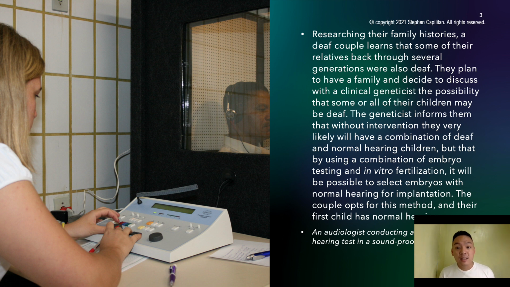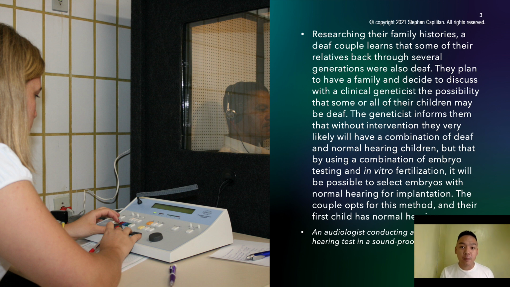The geneticist informs them that without intervention, they are very likely to have a combination of deaf and normal hearing children. But by using a combination of embryo testing and in vitro fertilization, it will be possible to select embryos with normal hearing for implantation. The couple opts for this method, and their first child has normal hearing.